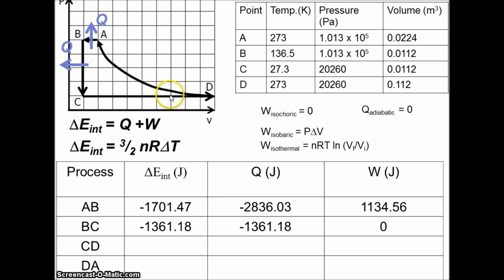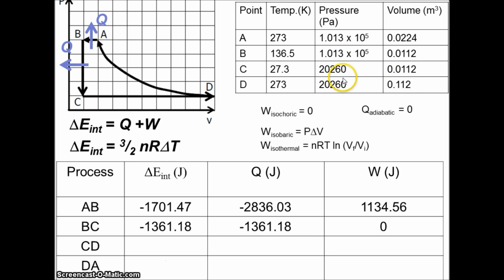Okay, then from C to D, I can figure out what the work is in this case. Notice it's expanding from a very small volume to a very large volume. It's going to have to do work on the environment. So I'm going to use the pressure, which is given as 20,260 times the change in volume, which is 0.112 minus 0.0112.